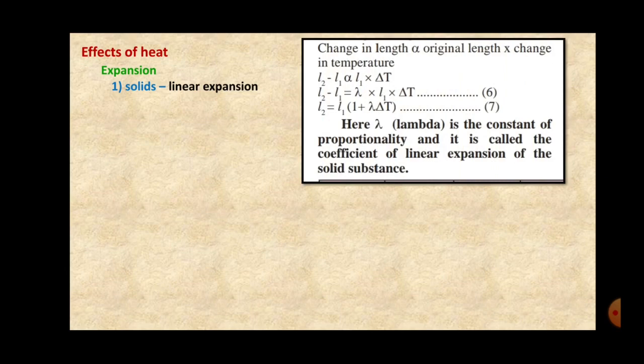Now in solids, the expansion is called the linear expansion. So the linear expansion of a solid is the increase in the length of a wire or a rod in a solid state due to increase in its temperature, and thus it is called linear expansion.